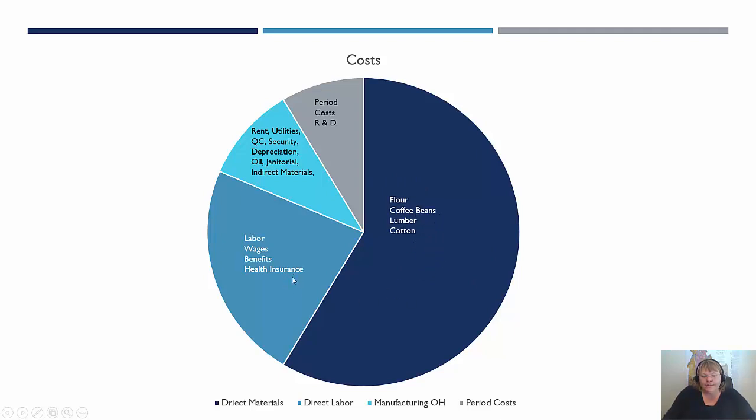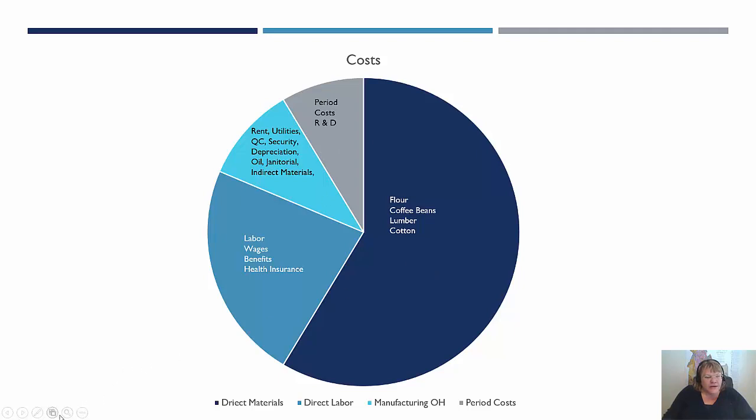And then our direct labor is our labor over here: labor, wages, benefits, and health insurance. Manufacturing overhead in this lighter blue: rent, utilities, quality control, security, depreciation, oil, janitorial, and indirect materials. All of these are your manufacturing overhead costs. And then the gray is your period costs.